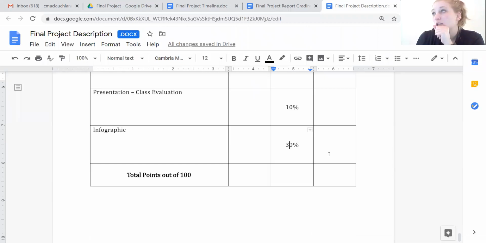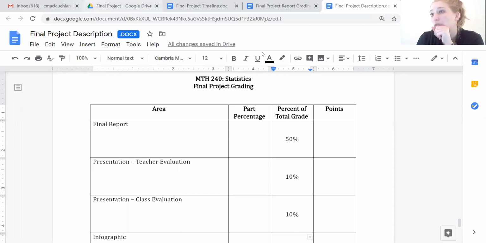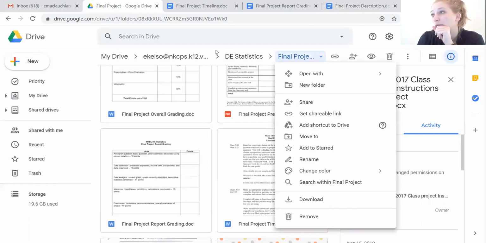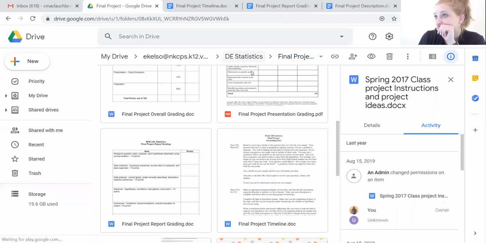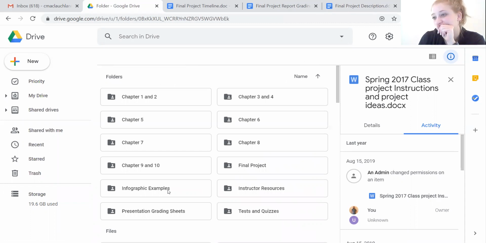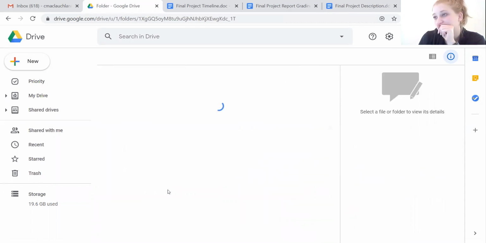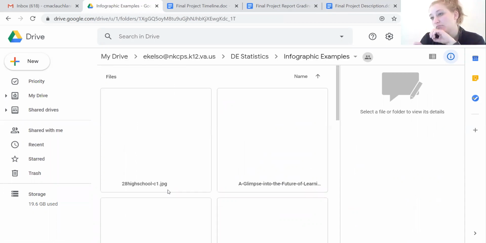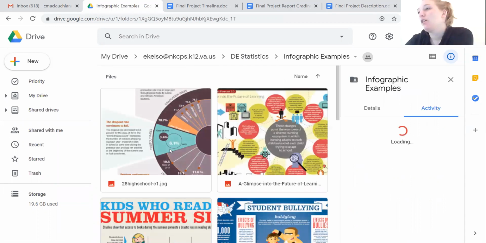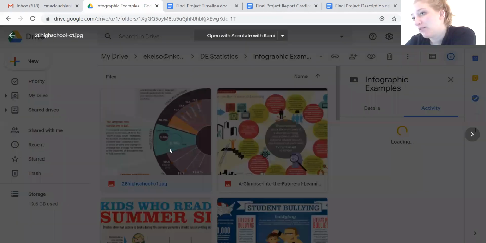Okay, all right, so let me show you an example of an infographic. I think it might be in here. Okay, so here's one example of an infographic.